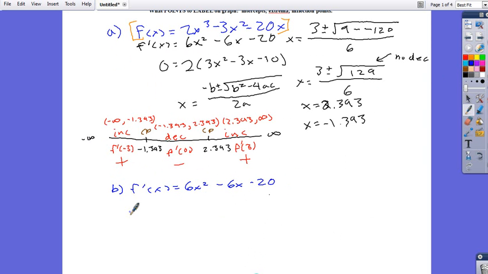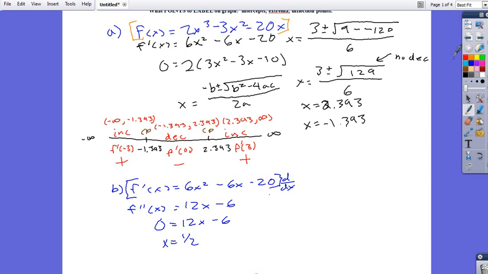And so, taking the derivative of that, f double prime of x is 12x minus 6. Now we want to find the inflection points here, so we're going to set it equal to 0. 0 equals 12x minus 6. So when you solve this, x will eventually equal 1/2.